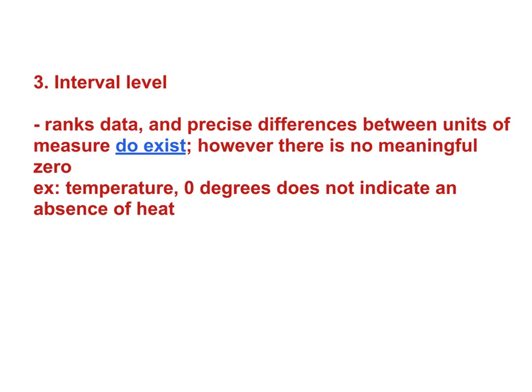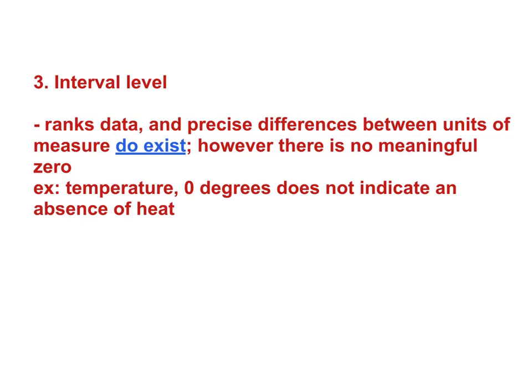Interval level ranks data, and precise differences between units of measure do exist now. So in the ordinal level, they didn't, right? There's no meaningful zero. Temperature, for example, 0 degrees does not indicate an absence of heat. There is some heat, there's just not a lot of it.